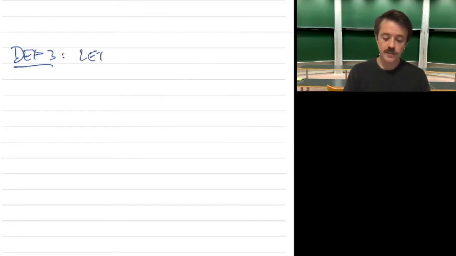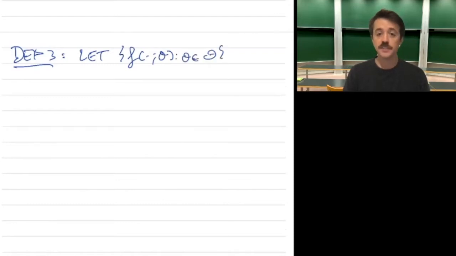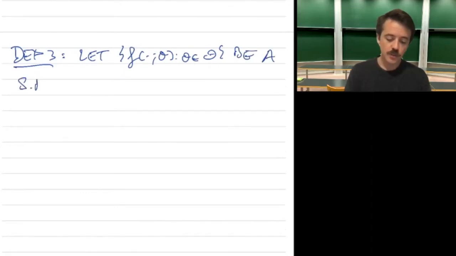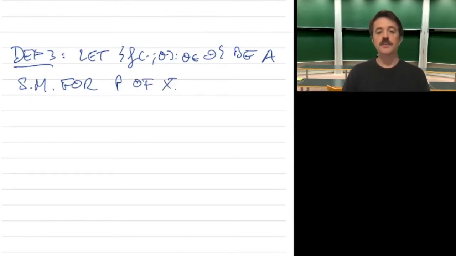So let this be, as I just said, a statistical model, which I will write as SM for the P, so for the distribution or for the law of our friend capital X, the random variable.